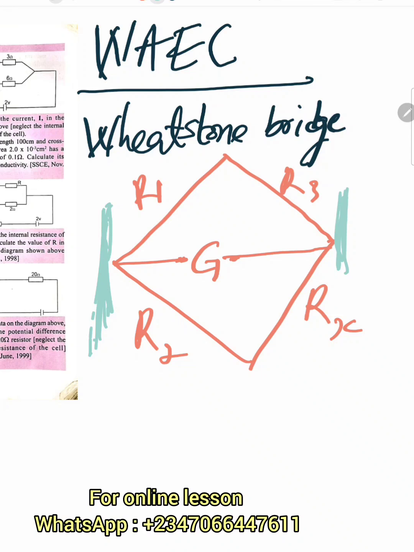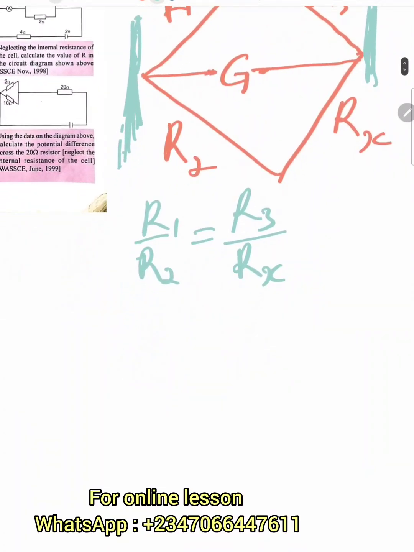Now, what does that simply mean? The ratio of the two resistances here will be equal to the ratio of the two resistances on the other side. So R1 over R2 equals R3 over Rx. We want to get this resistance, this is our unknown resistance which we are looking for.